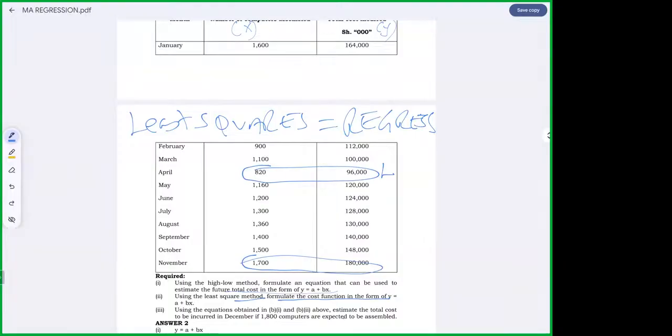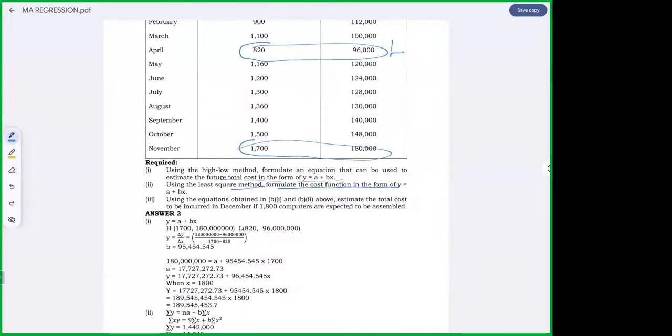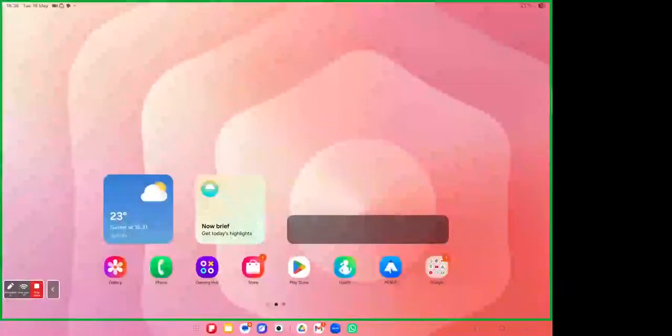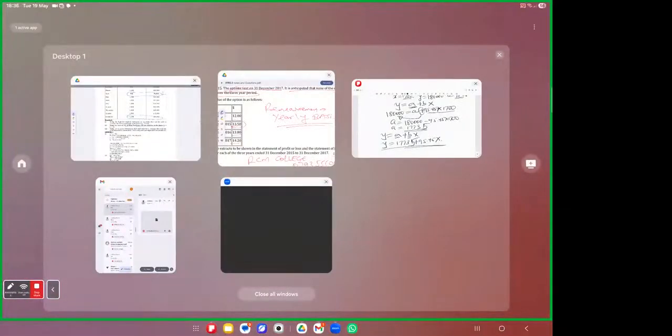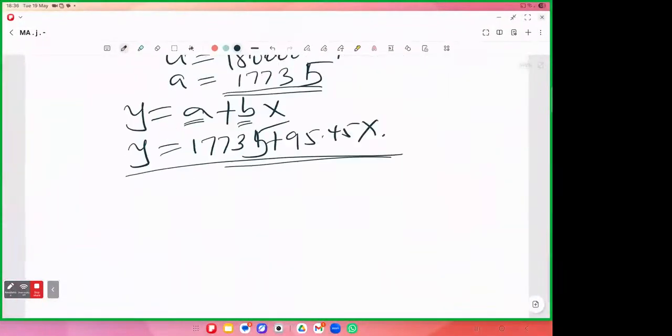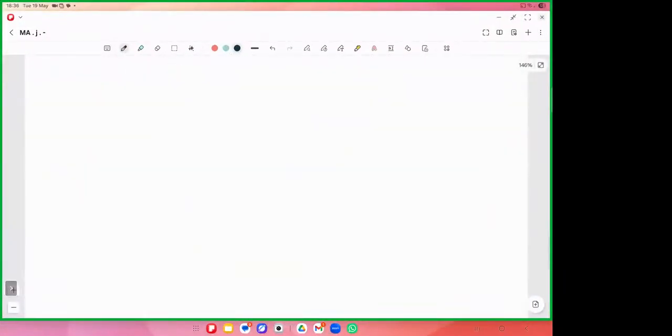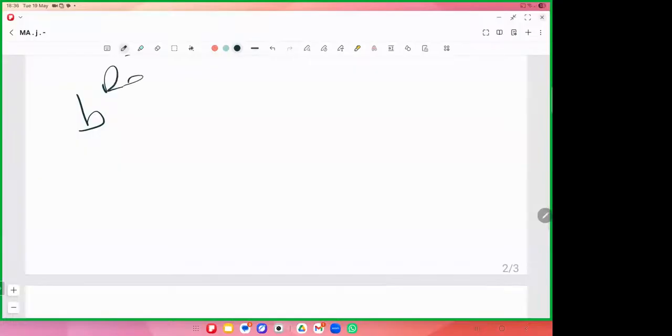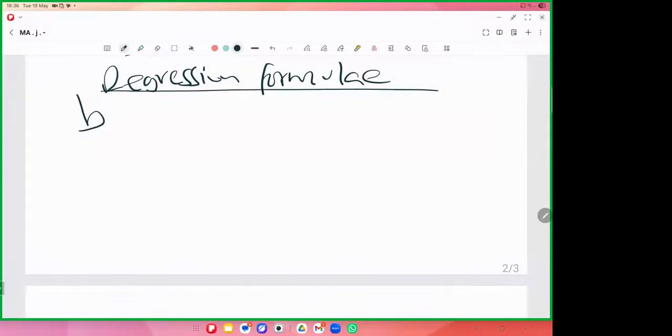Least squares is regression. And when it is regression, I'm 100% sure there is a ninja here who has forgotten the regression formula for getting B and A. Let me give you 1 minute. You write for me the regression formulae.